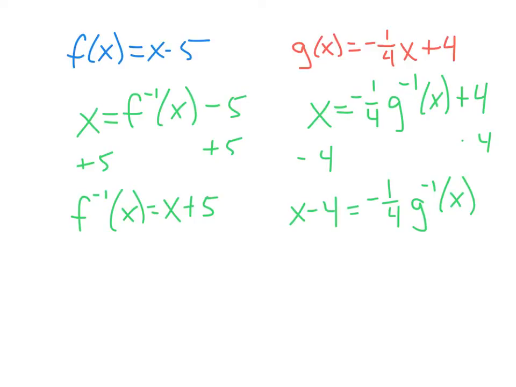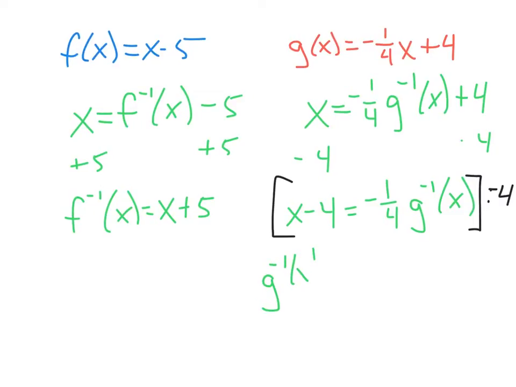And you can think of dividing by -4, but what's even better is to multiply by the reciprocal. So I'm just going to multiply all terms by -4. And so then we'd have our inverse of g of x equals 4x plus 16.